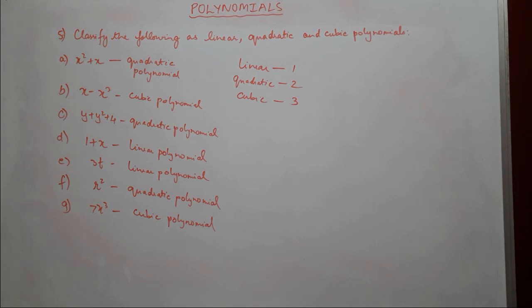In question number 4, we looked at the different degrees based on the highest degree of that particular polynomial. And in this case, we look to classify polynomials based on the highest degrees, that would be linear, quadratic and cubic.